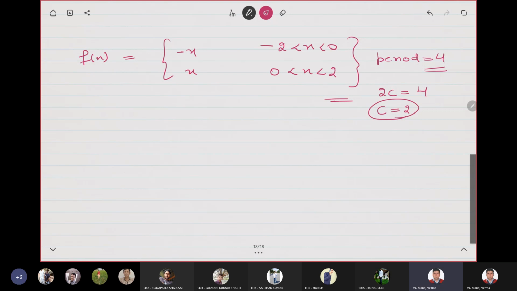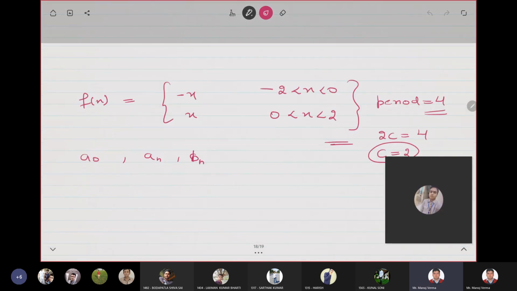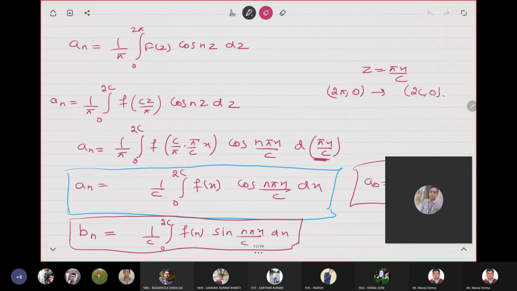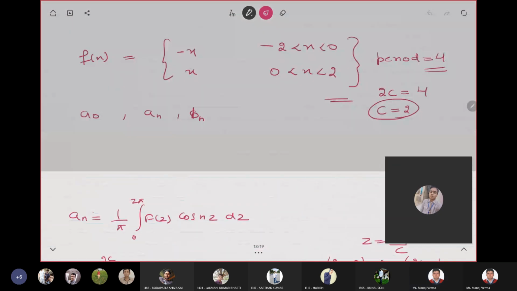So we have to find the coefficients a naught, an and bn by these formulas for this function. This we will do in the next class.